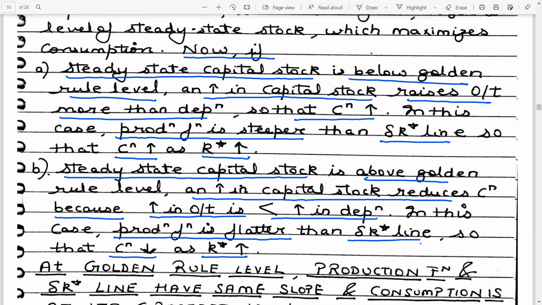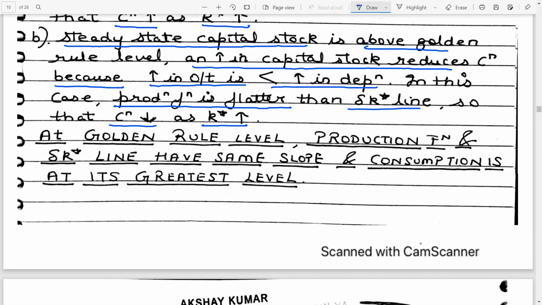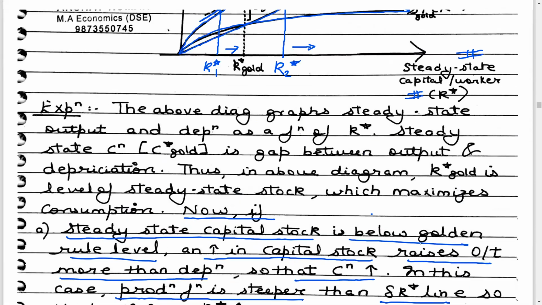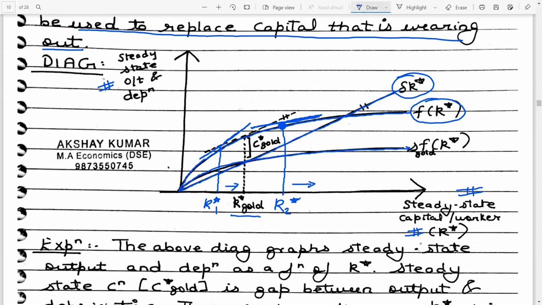So at the golden rule level, you can clearly see that the production function and the delta K star line have the same slope and consumption is at its maximum. If we come to the diagram, guys, at K star gold, the slope of the production function and the slope of the delta K star line are exactly the same.